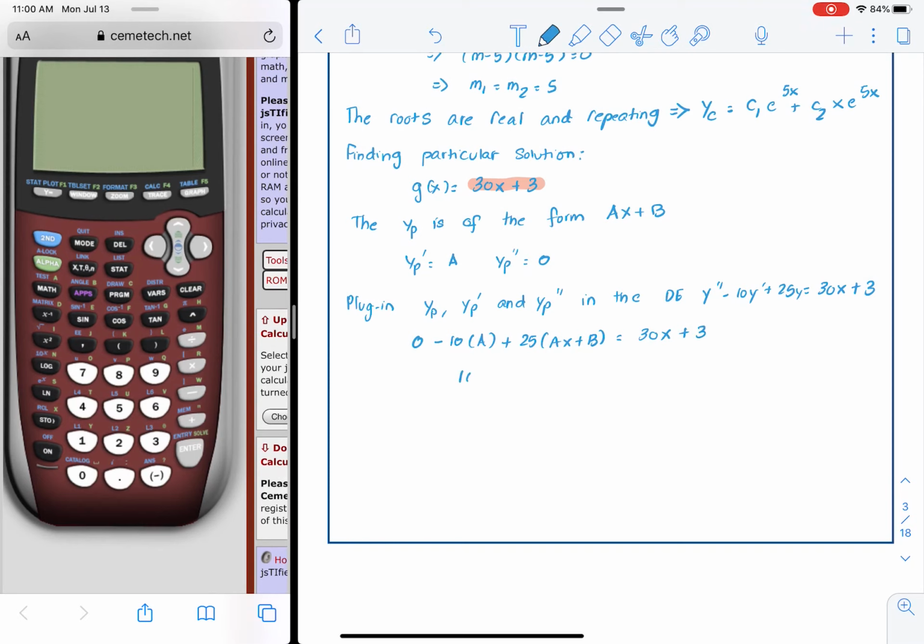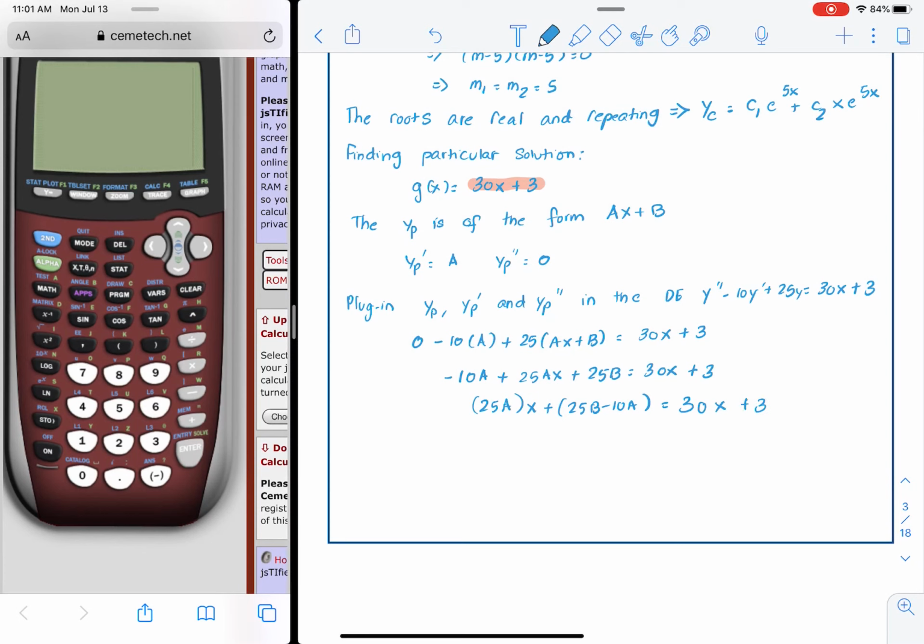Distribute and simplify: negative 10a plus 25ax plus 25b equals 30x plus 3. So 25a multiplied by x plus 25b minus 10a equals 30x plus 3.